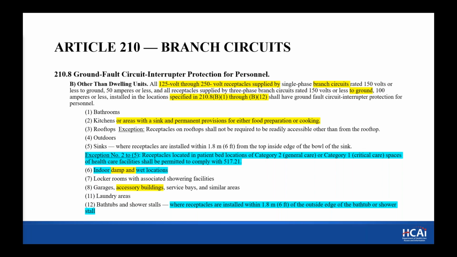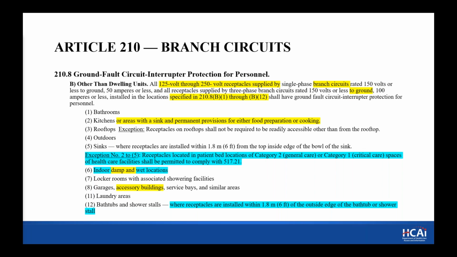Typically in our hospitals, we have nutrition rooms on each patient floor. This is not to say that the nutrition room is an area where food is prepared or cooked. It's typically stored and then distributed. So in those nutrition rooms, receptacles within 6 feet of the sink would need to be GFCI, but not all receptacles in that room would need GFCI protection.